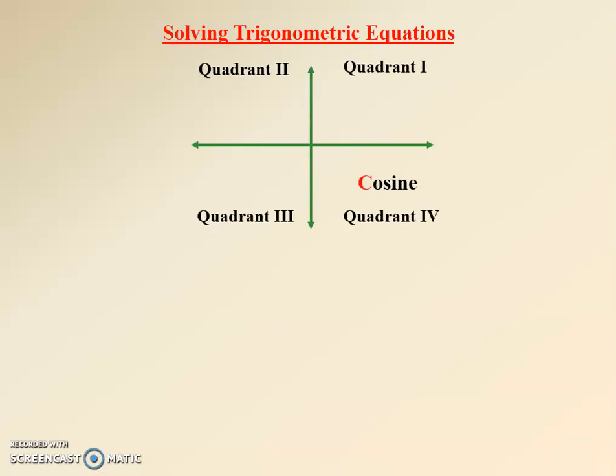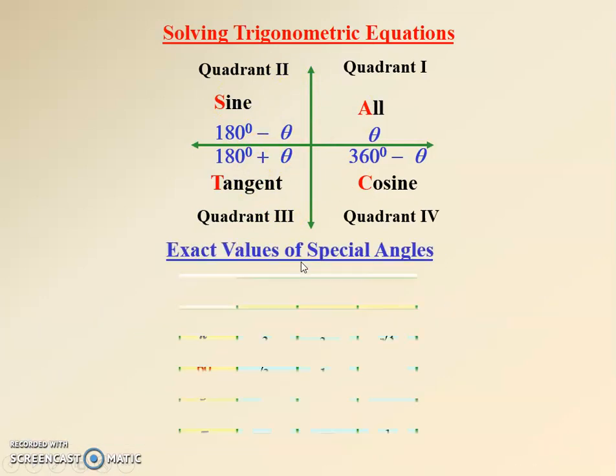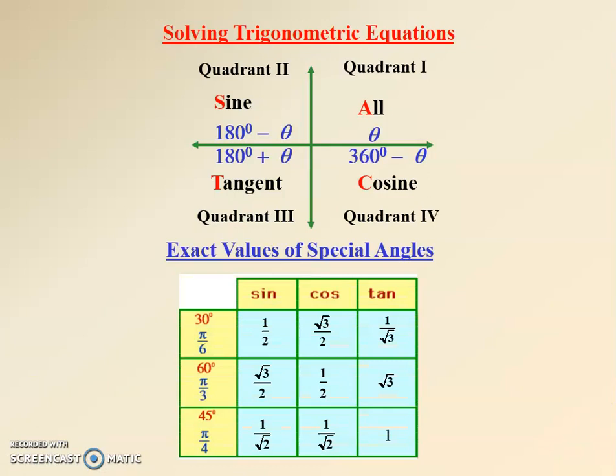This is just a quick review from your earlier chapter 4. In this section, because we're going to be solving for theta, we have to remember how to put our angles in each of the different quadrants. We also need to know the signs of each of these as well. Your reference angles for the first quadrant are going to be necessary, knowing their sines, cosines, and tangents also.